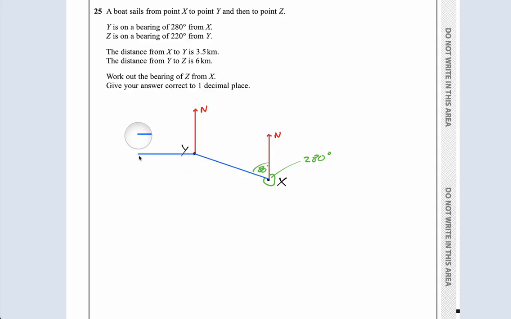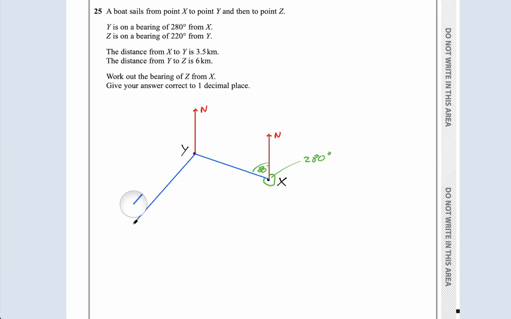So 220 is actually going to be down here somewhere. Somewhere there. In fact, 225. No, is that right? So that's 180. Yeah, 225 would be exactly there. It's like exactly a diagonal. So it's a little bit more, let's say there.